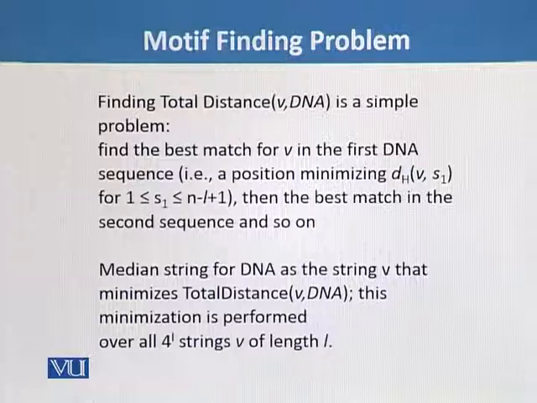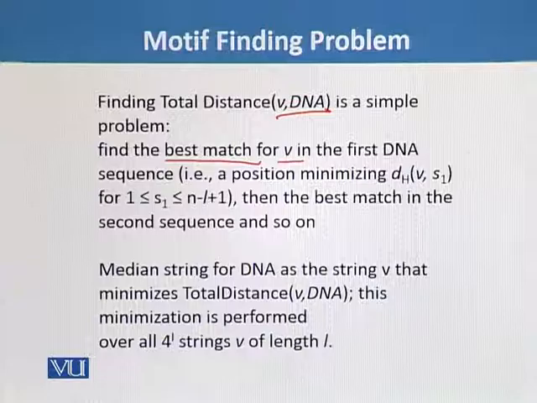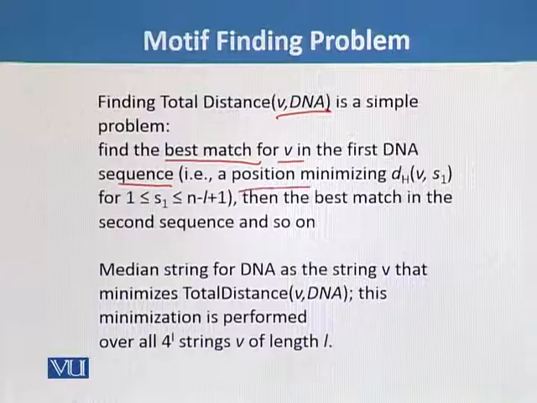Finding the total distance d(V, DNA) is a simple problem. First, one has to find the best match for V in the first DNA sequence. As we have seen, we have 7, 8, 10 sequences, and we have to find the best match, that is a position minimizing the Hamming distance.